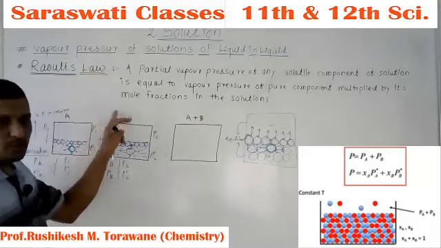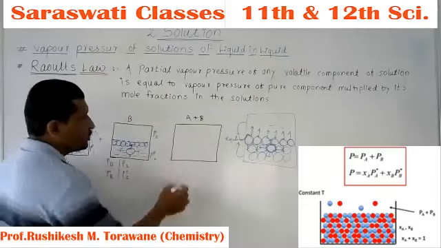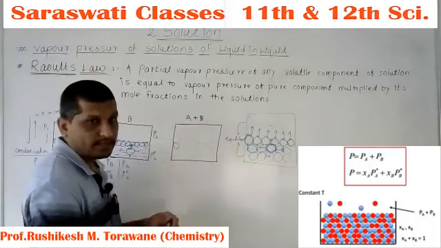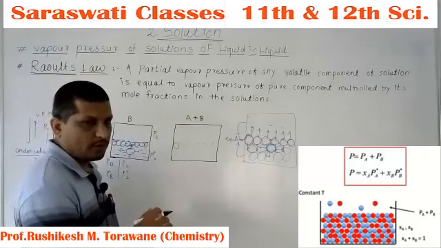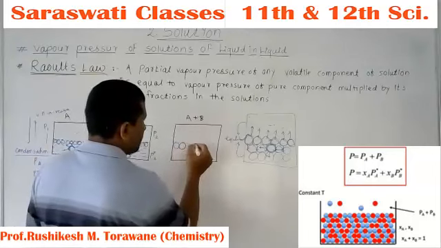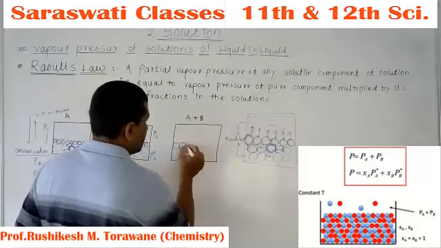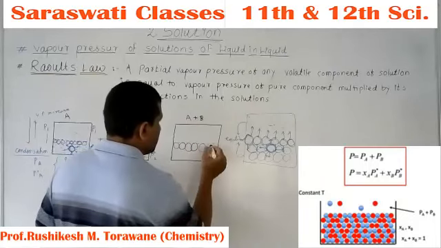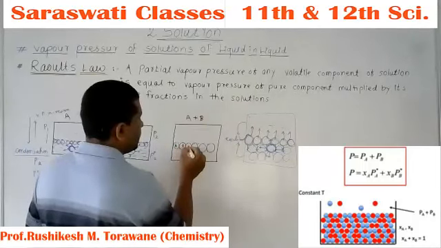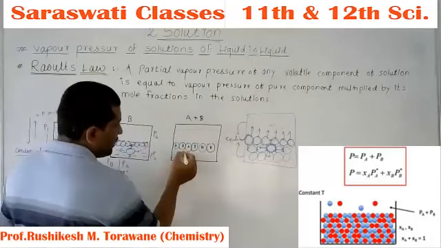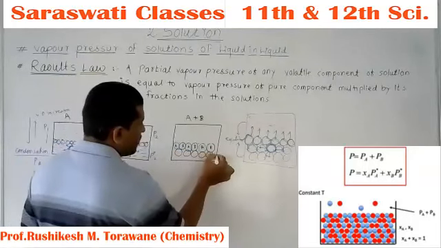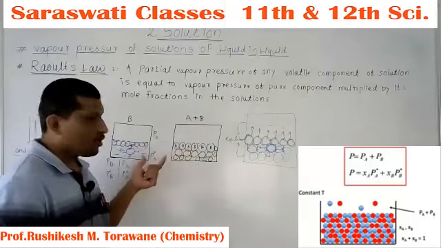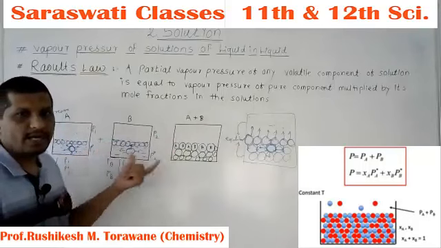If these two liquids are added to each other, they form a solution. When mixed, intermolecular force of attraction forms between the two components A and B: A, B, A, B, A, B. Bonds are formed between two different components, hence it is called a binary solution.